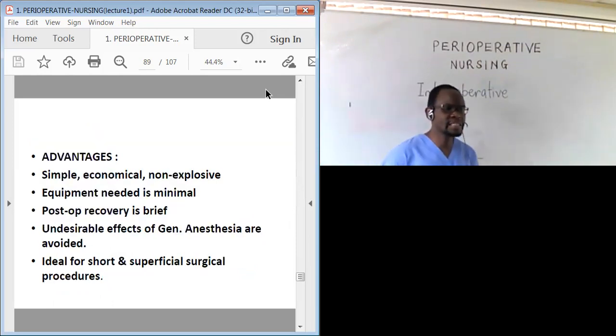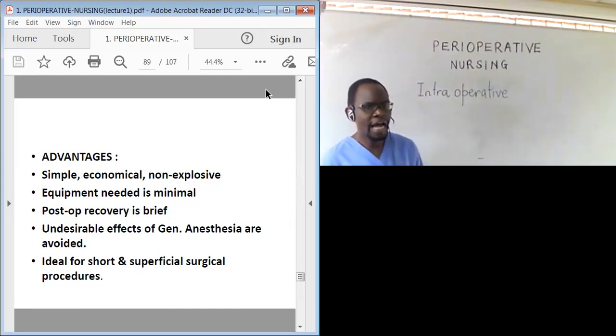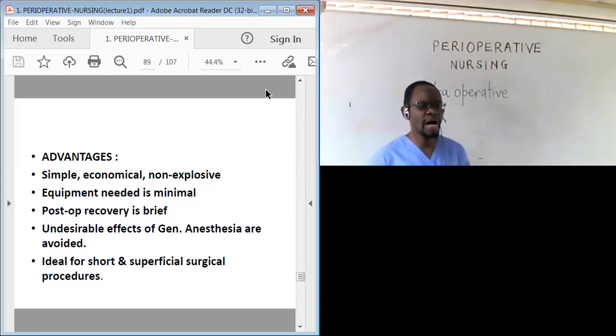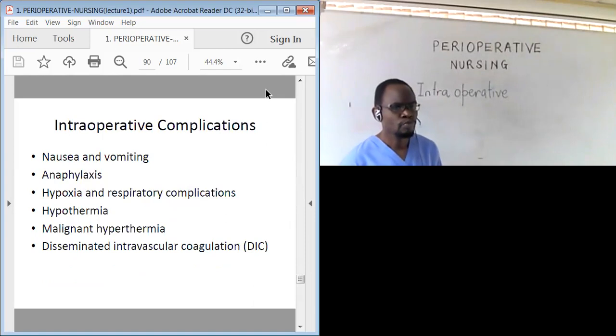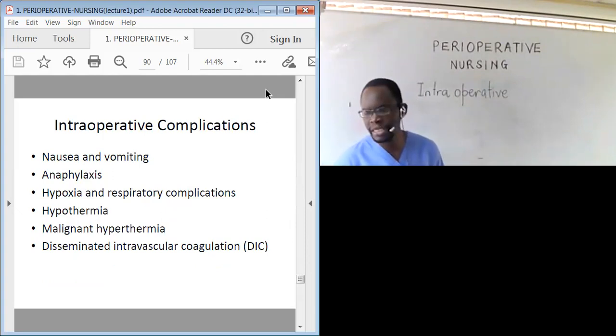The advantages are that it is simple, economical, and non-explosive, and also post-op recovery is brief. And usually, the undesirable effects of general anesthesia are avoided. All right, so what are some of the intraoperative complications? We have things like nausea and vomiting.